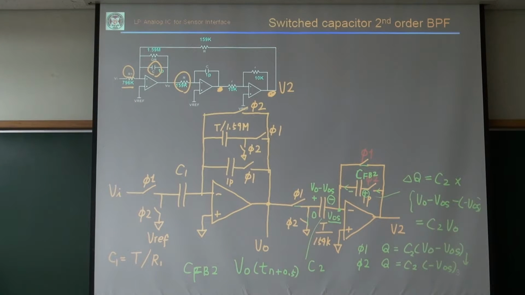Yeah, let's just see. Okay, I don't want to derive the equation here. So anyway, you know, this amount of charge, C2 times VO, is added on this CF V2. So my V2 will increase if VO is positive, right? So it is a non-inverting integrator, okay? Question until now?